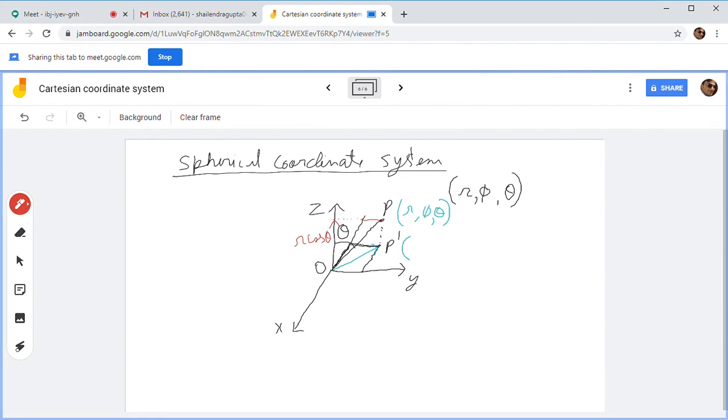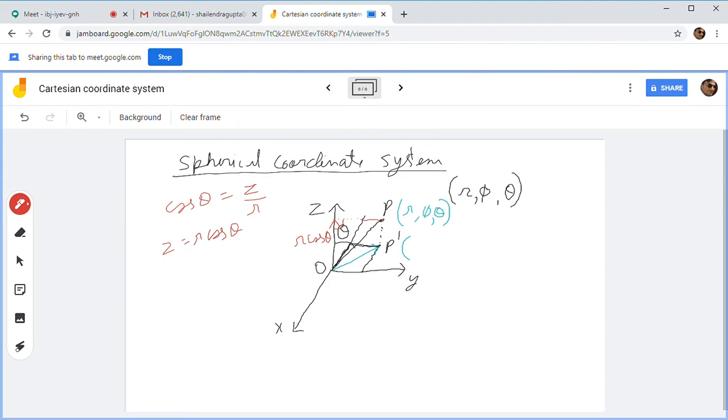Cos theta is the adjacent side divided by the hypotenuse, the base divided by hypotenuse. The base is this, right? This is the right angle, so this is the base and this is the hypotenuse. So cos theta will be the base, the Z component, divided by R. R is the length of this OP. So Z will be R cos theta. Okay, so this is R cos theta.